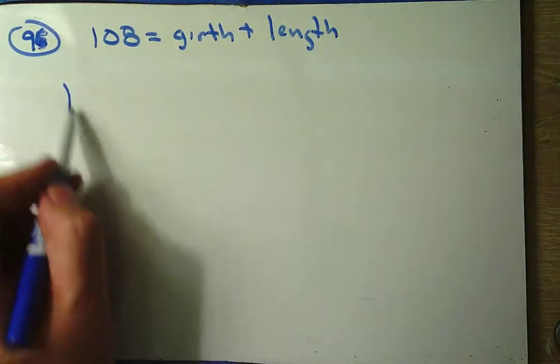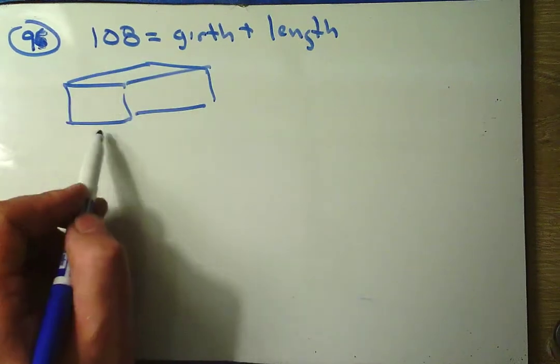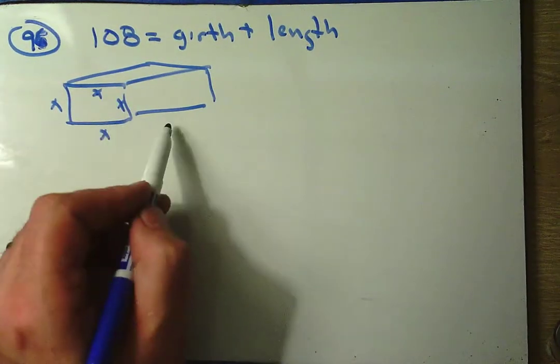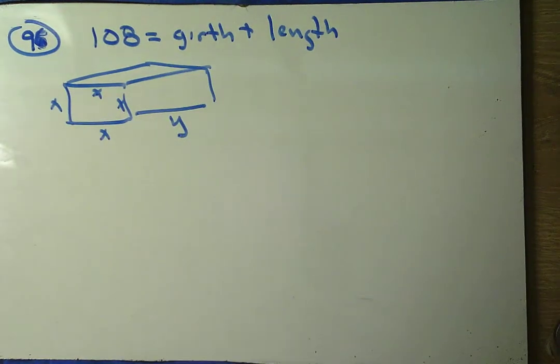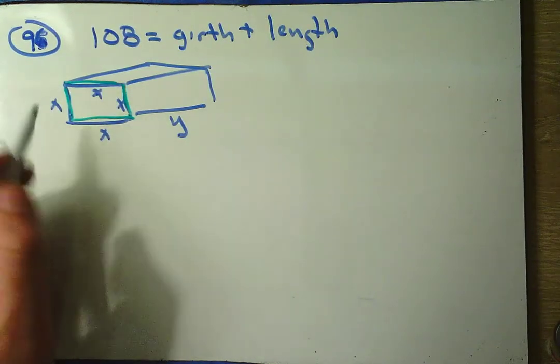Well, let's see if we can figure out some equations here. We know this is x and x and x and x, and we know that this is y. Well, it tells us in the problem that girth is the perimeter of the cross section, which means this plus this plus this plus this.